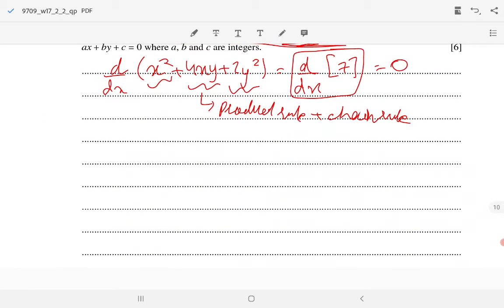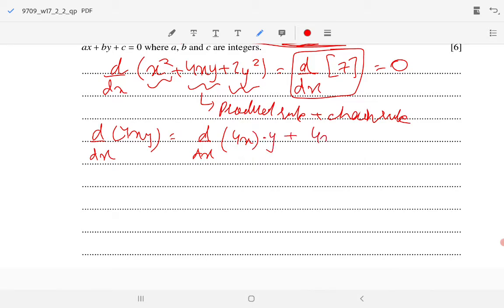First, let's take the derivative of 4xy, using the product rule. Derivative of 4x multiplied by y plus 4x multiplied by the derivative of y with respect to x. Remember guys, we are taking the derivative of both sides with respect to x. For the first part it's just 4y. The second part is going to be 4x dy dx.